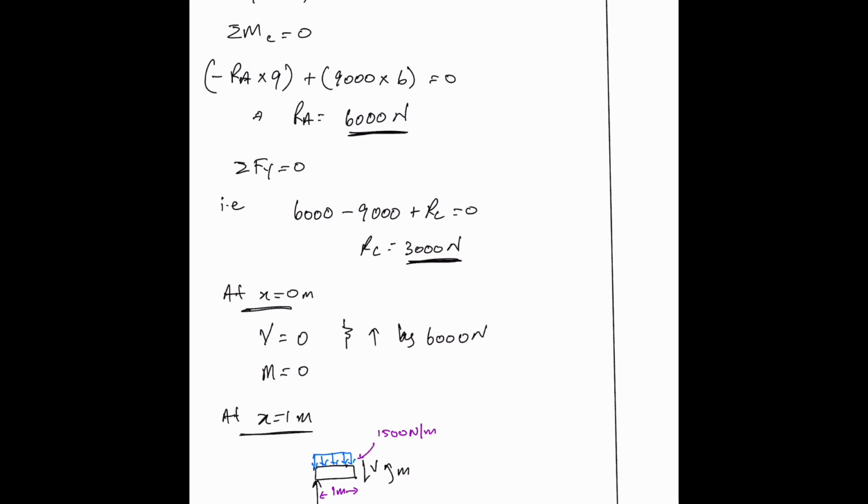So the equivalent load will be acting in the center here for this little section. P equivalent, right, and that will be 1500 times 1 because it's a 1 meter chunk we're looking at. And the distance it's acting would be half of 1, which is 0.5 meters.